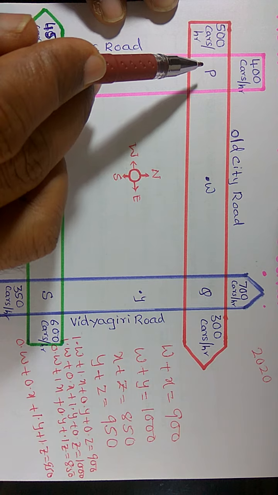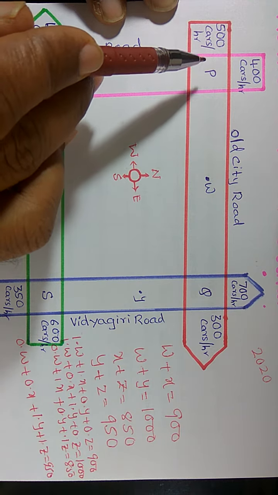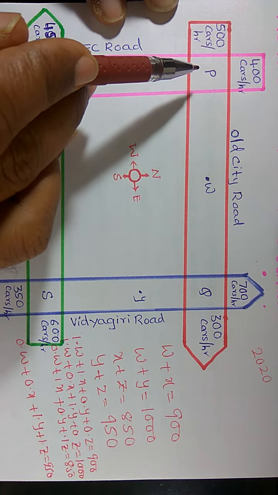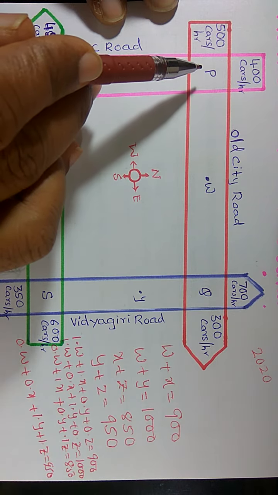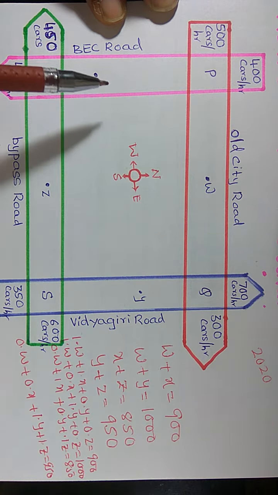It means 900 cars are moving towards P. In exactly the same way, 900 cars leave this circle.